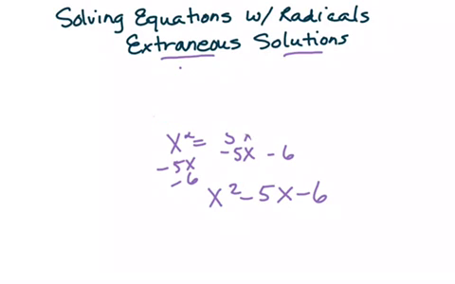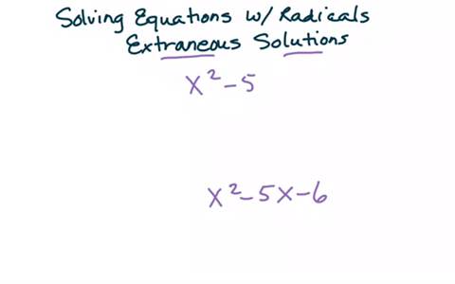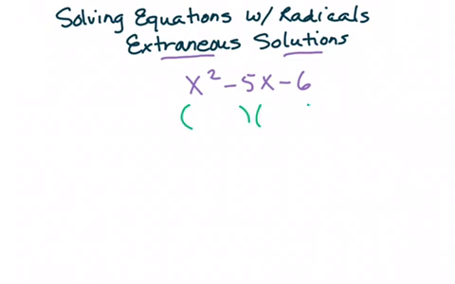I'm just going to erase some stuff to give myself a little room here. All right, so when I factor this, I'm going to have, just a minute, guys. Let me just do this so you can see better. All right, I'm going to factor this, and I'm going to have x minus 6 and x plus 1. When I multiply those together, I'll get that negative 5x in the middle.